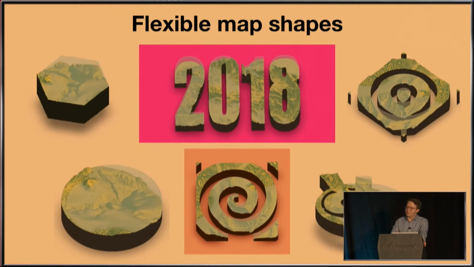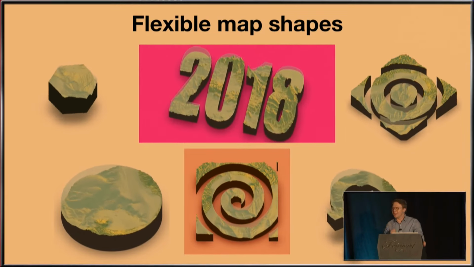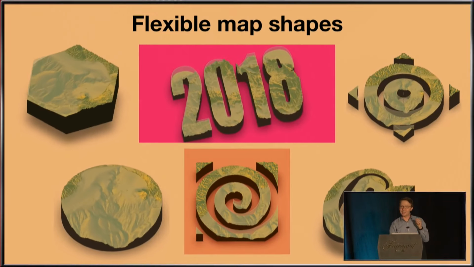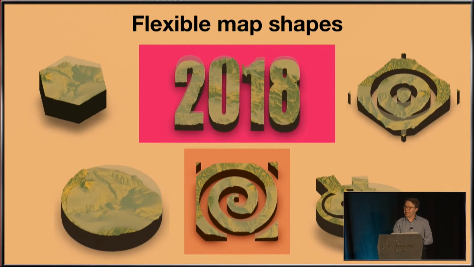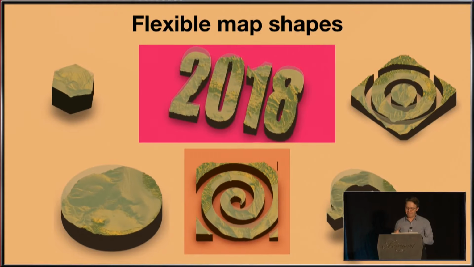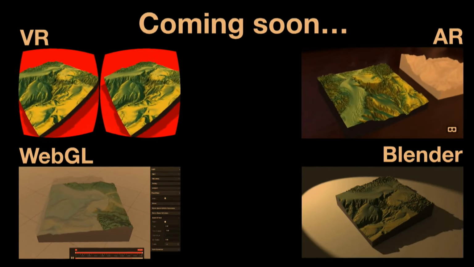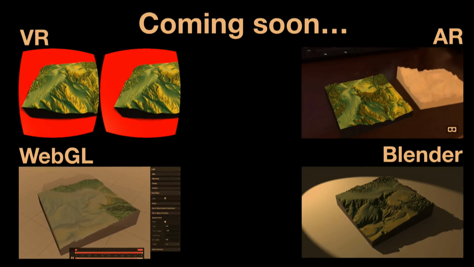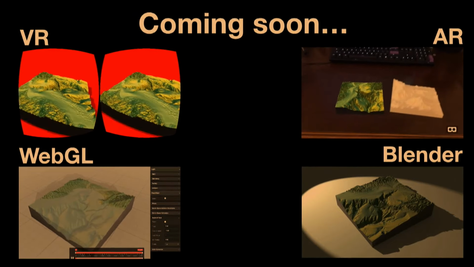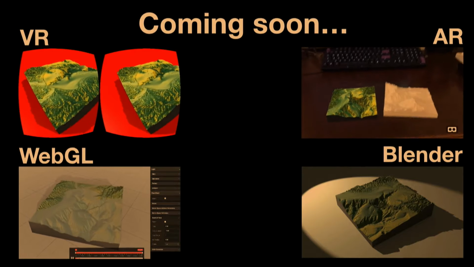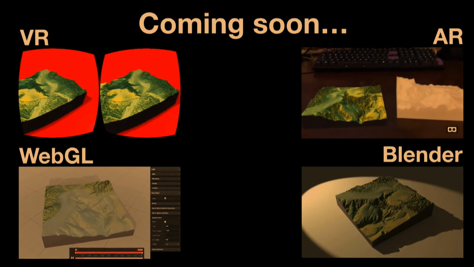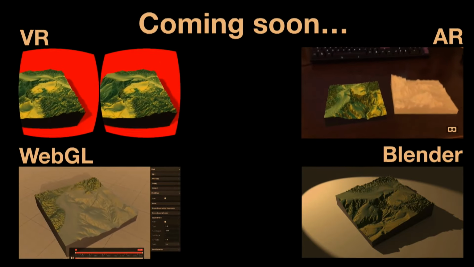So all of that covers the current state of rayshader, but there's a lot of cool features coming soon, several of which I'm excited to announce for the first time here at RStudio conference. So soon, you're going to be able to explore your rayshader visualizations in virtual reality, augmented reality, as compact HTML embeddable 3D assets, and in external 3D software such as Blender.